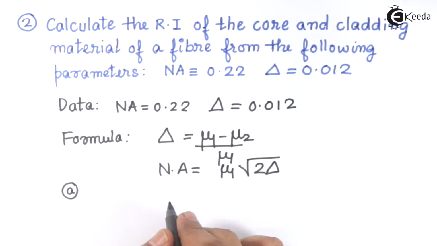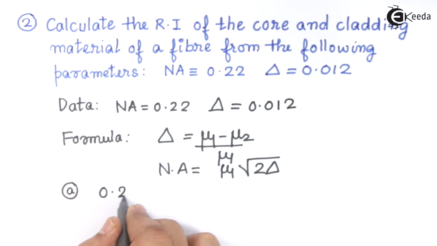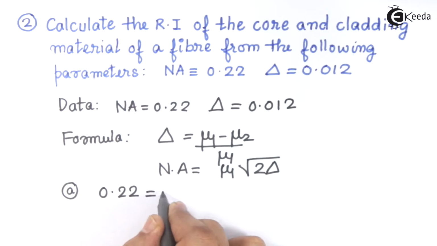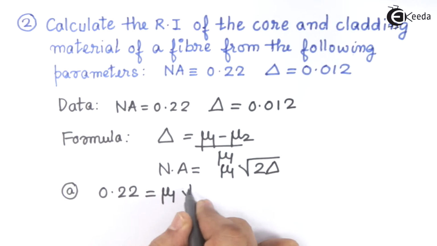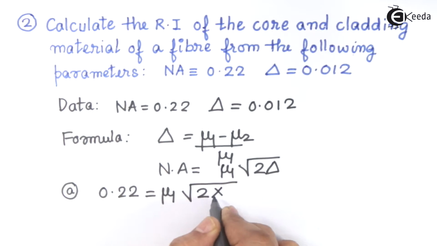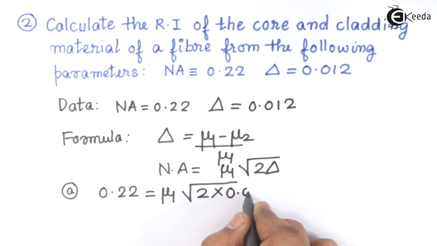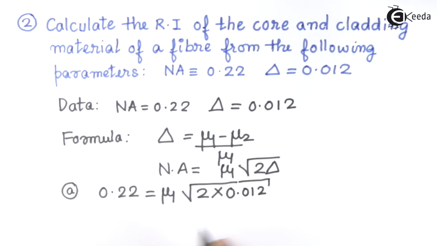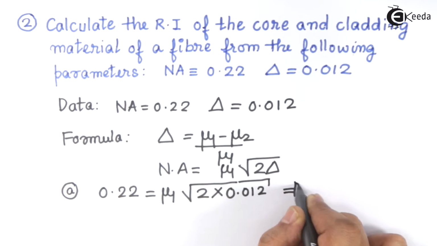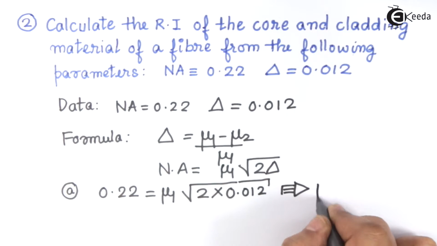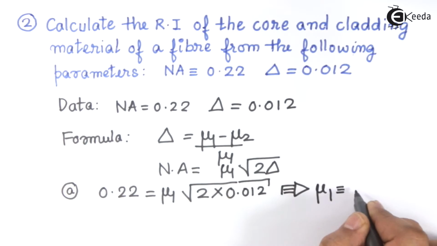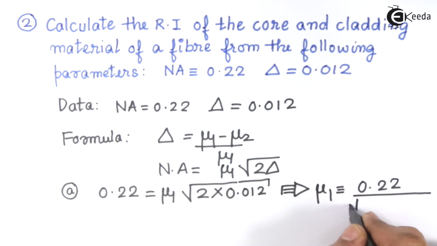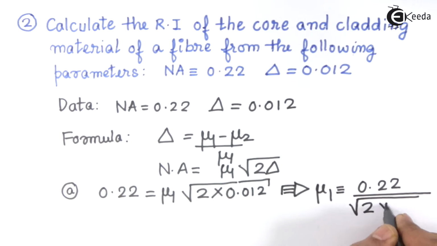So here is the solution. Let us substitute the values over here. What is the numerical aperture? Which is 0.22, and this is equal to mu1 into square root of 2 into your delta, which is 0.012, and this works out to mu1 is equal to 0.22 divided by square root of 2 into 0.012.